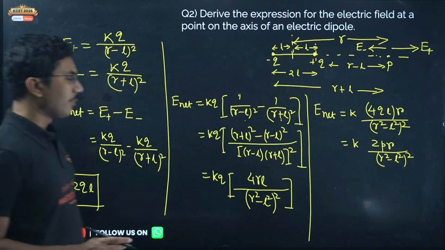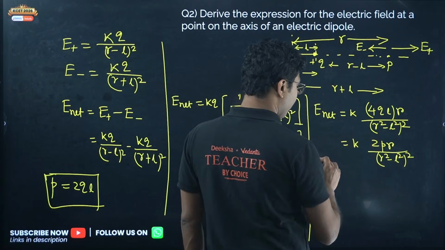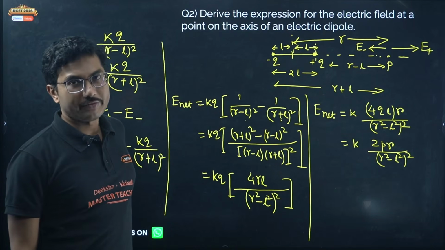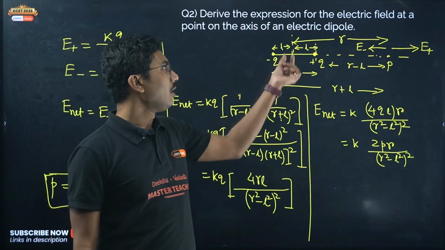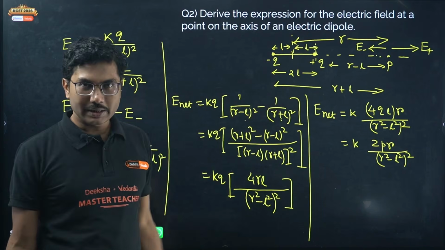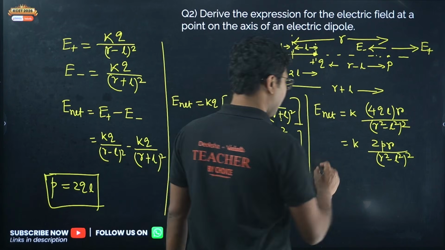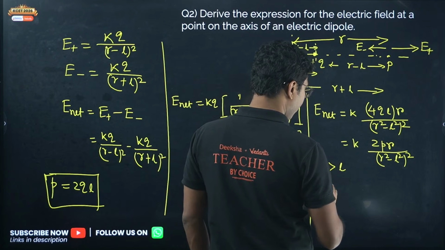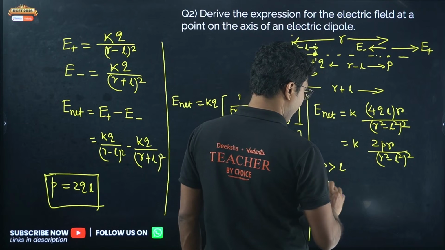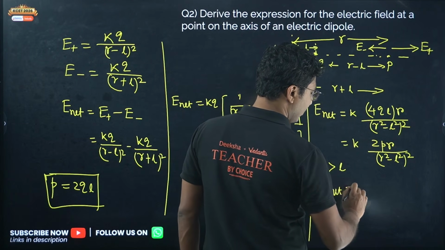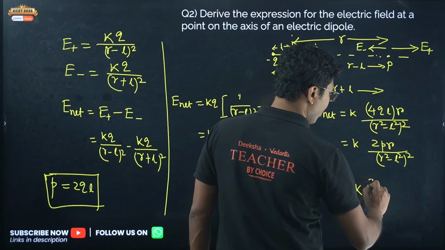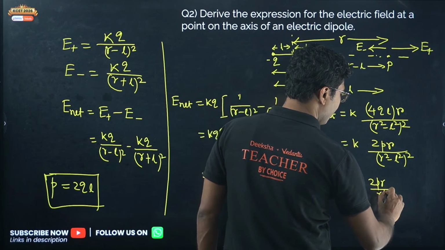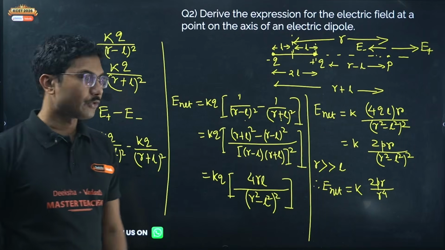Now we have to assume that for this given case, because the distance between the dipole is very, very small, so 2L is small, that means L will be much smaller. So R is very, very greater than L, therefore E net will be equal to K 2PR divided by R to the power of 4.